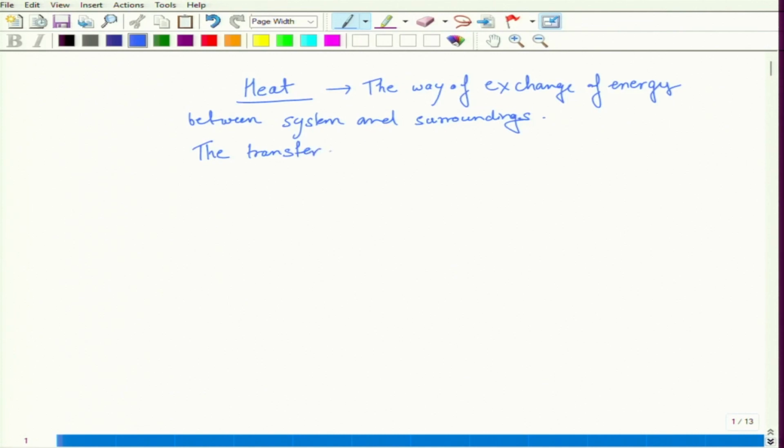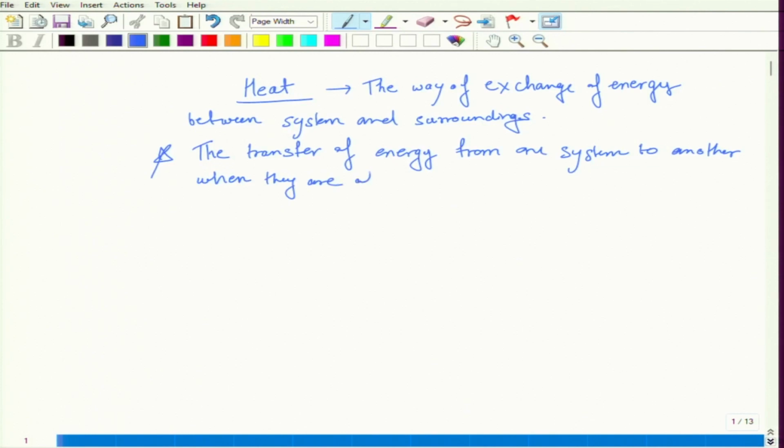The heat can also be the transfer of energy from one system to another when they are at different temperatures.